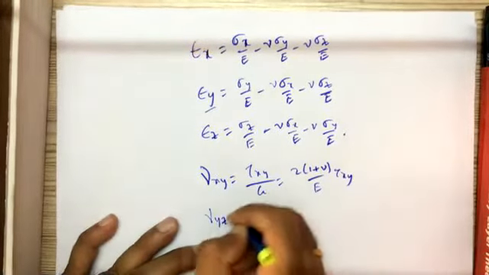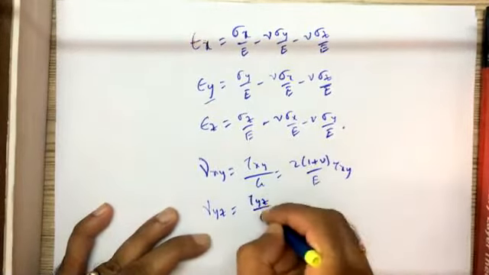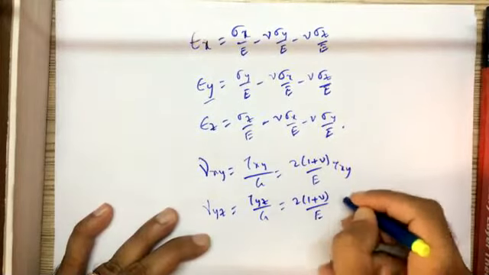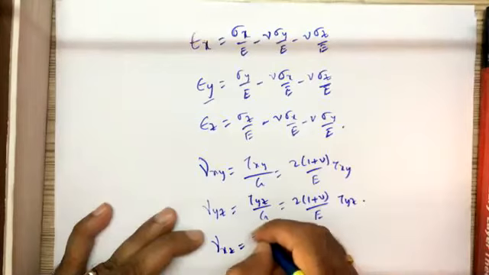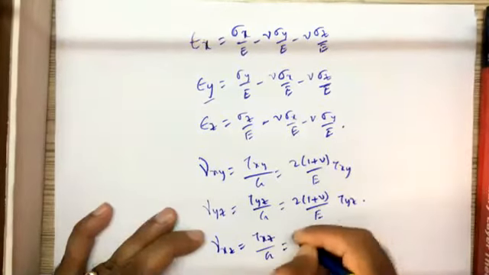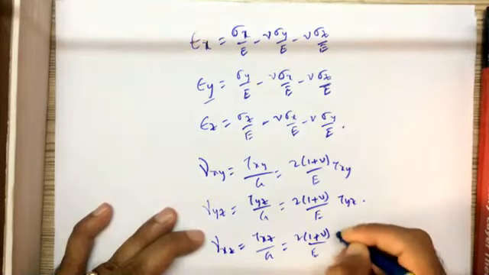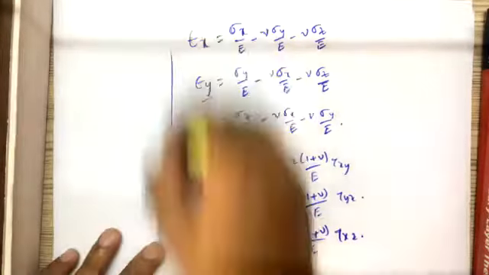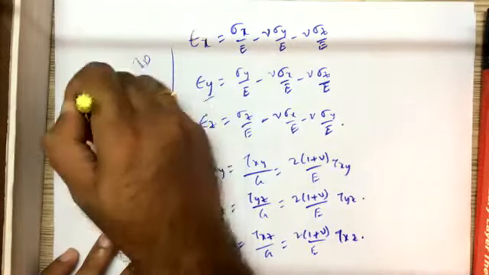Gamma yz is equal to tau yz by G, which is 2 into 1 plus mu by E into tau yz. Gamma xz is equal to tau xz by G, which is 2 into 1 plus mu by E into tau xz. Okay, so now these are the three-dimensional equations, but we know the problem is given as plane.